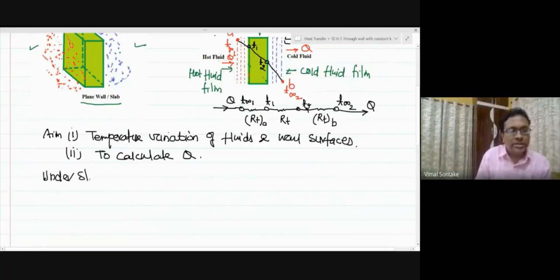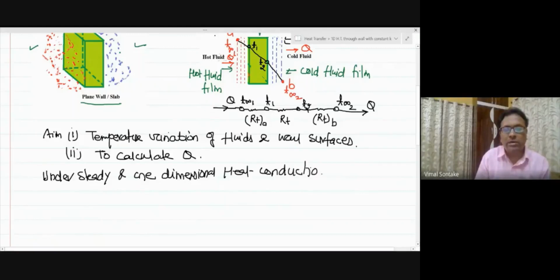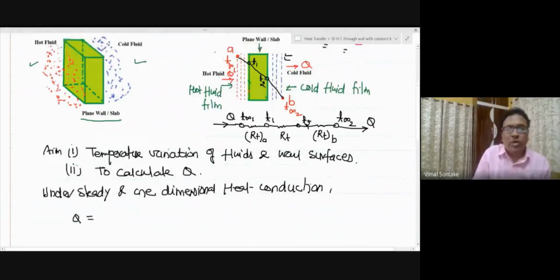Under steady state and one-dimensional heat conduction, the rate of heat transfer Q will be the rate of heat transfer from this point to the left face of the wall, which can be represented by QA1.